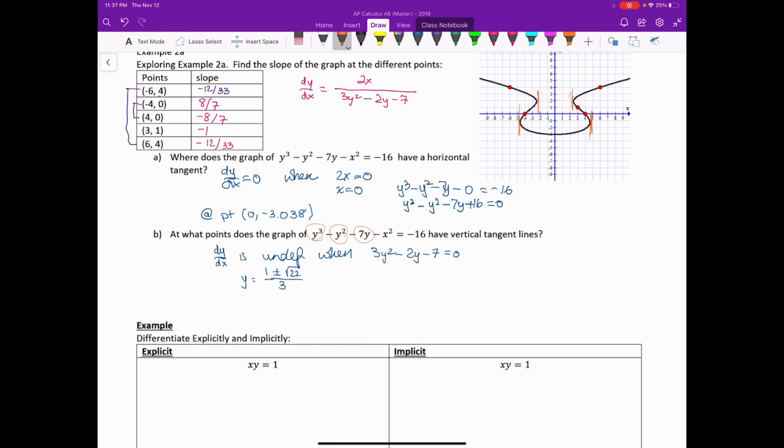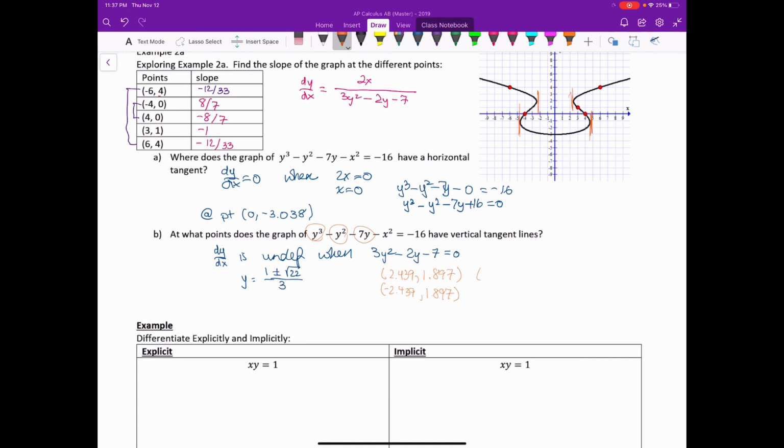When y was 1.897, my x was 2.439, and it was both the negative and the positive version of that, 2.439 and 1.897.